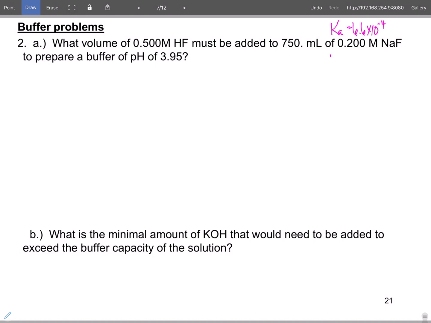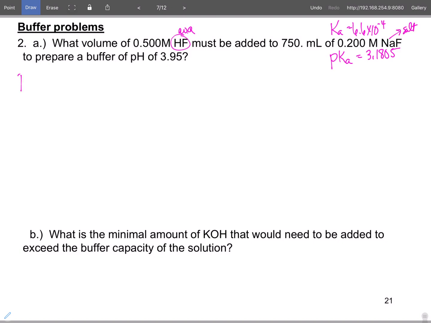And so our pKa of that value is 3.1805. Okay, because remember the pKa is the negative log of the Ka. All right, so what volume must be added to 750 milliliters of the salt? Okay, so this is the weak acid, and this is your salt.